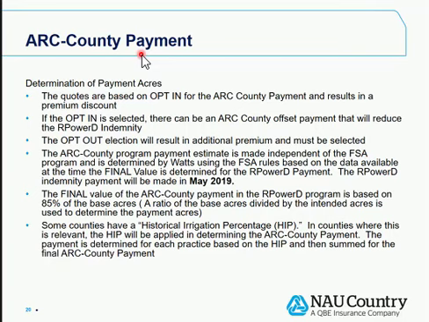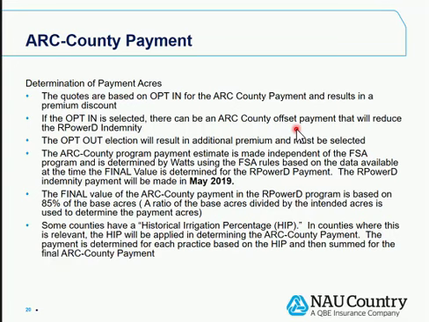So in effect, you're getting that ARC County payment, but since you've got that kind of coverage there, the philosophy is you don't need a second ARC County payment, so you can reduce your RPowerD payment by that projected amount if you opt in, and you will get a reduction in your premium. And we'll look at some examples of this. I think it'll better explain it.